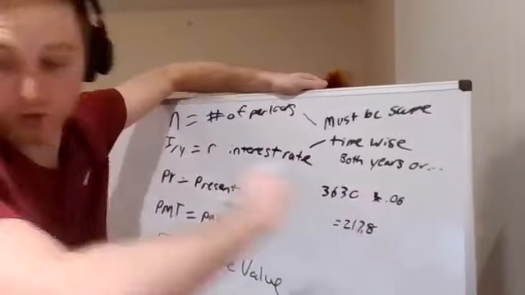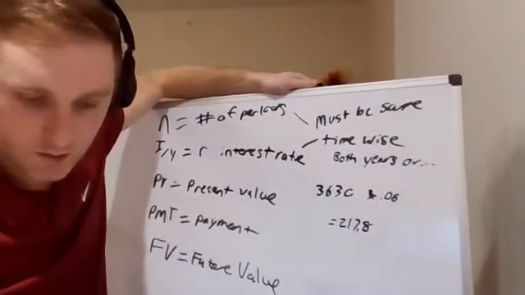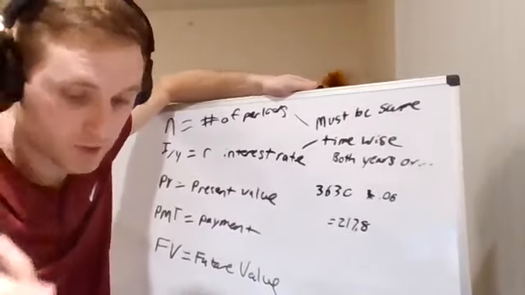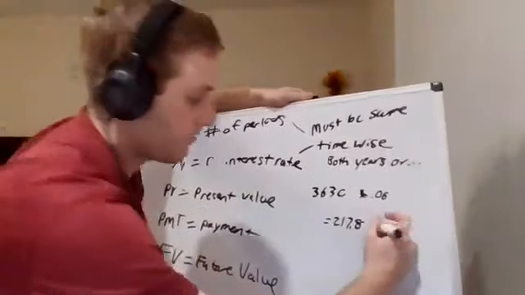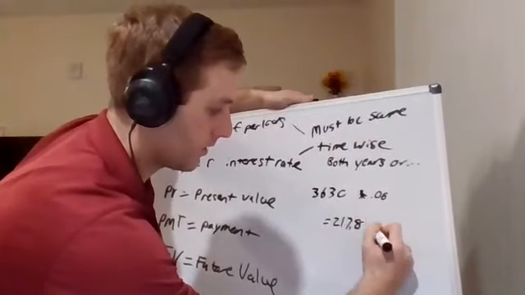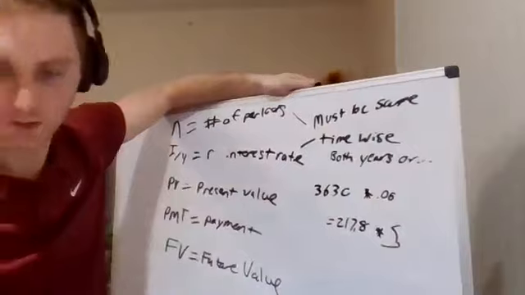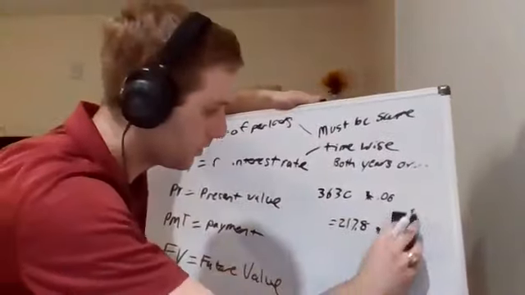This doesn't compound. So what I do is, how much money will you have at the end of 5 years? You multiply this by 5, because this is how much interest you're going to get every year at a simple interest rate. It's an ugly 5.